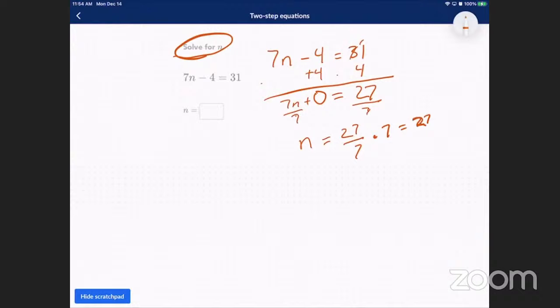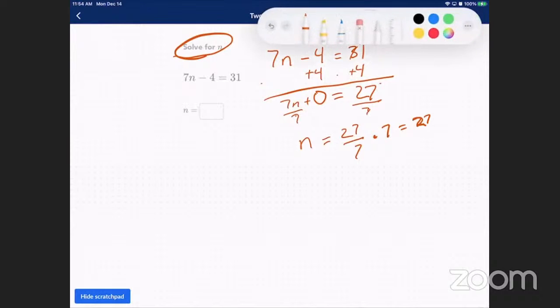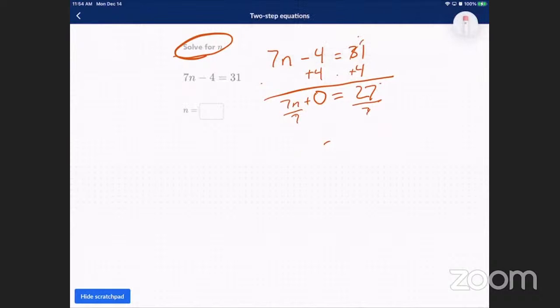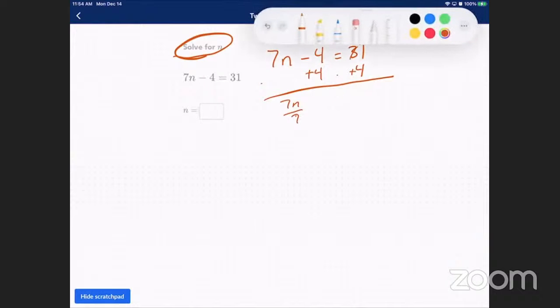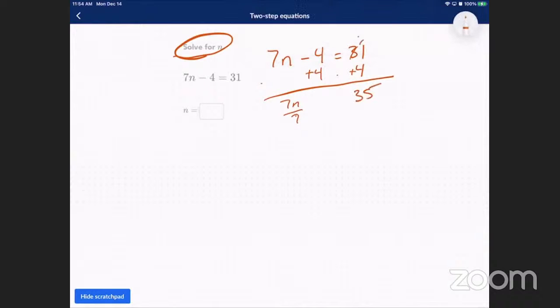And then we have minus 4. I see what I did. All right. This is actually adding. I knew that was getting really complicated. So you have 35, right?